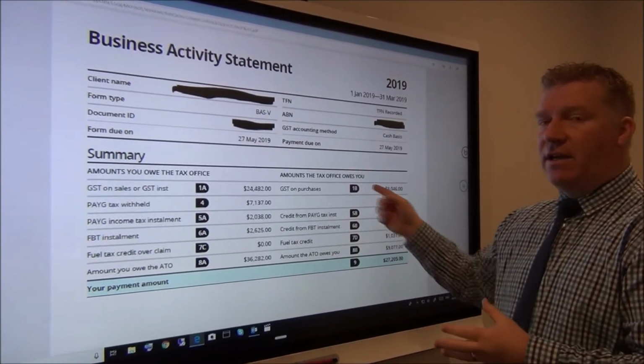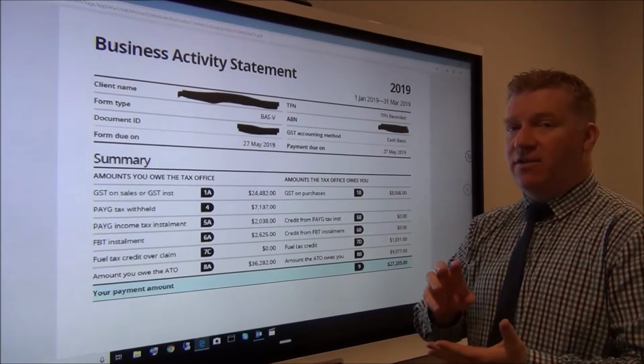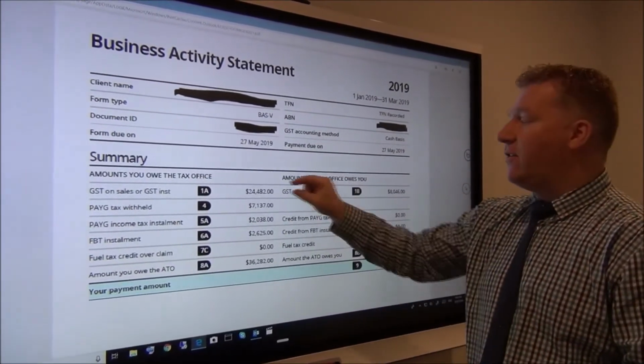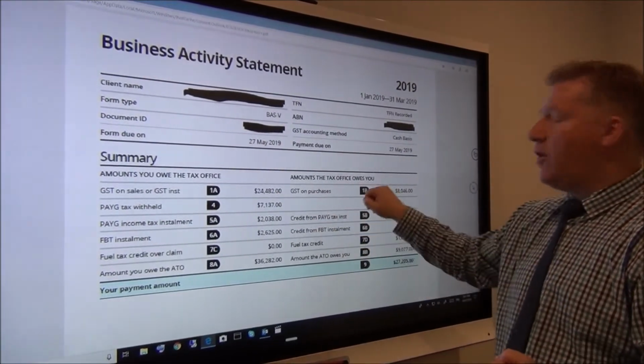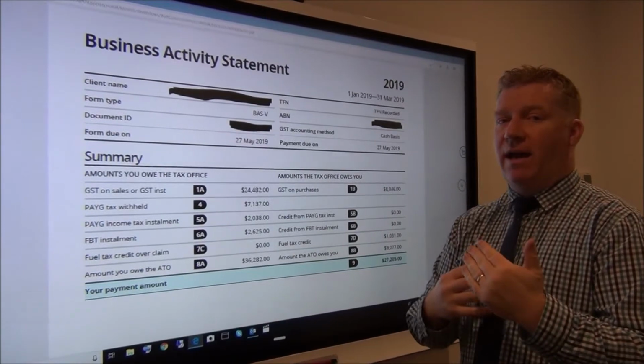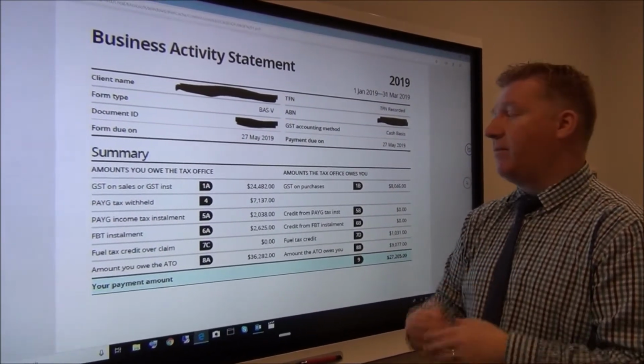The 1B is GST you pay out. So GST you pay on expenses for that quarter, again on the cash or accruals basis. So 1A minus 1B will give you the amount of GST that you have to pay or receive as a refund in some cases from the ATO.